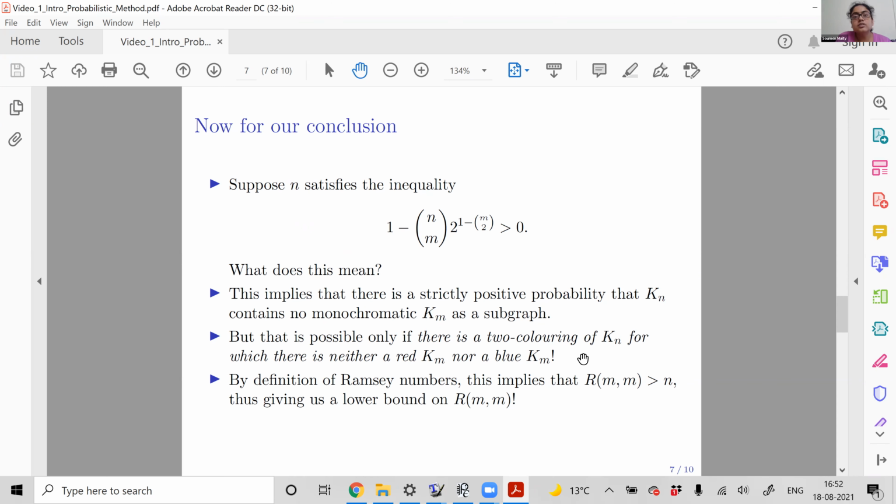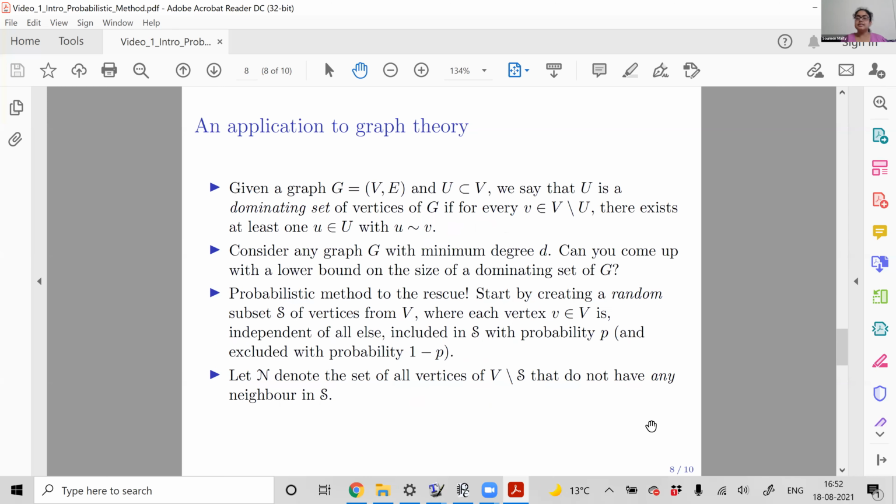Okay, so let's move on to the second example and the last example of this particular lecture. Here I'm going to discuss an application to graph theory. And the idea is the following: given a graph G, again with the vertex set being capital V and the edge set being capital E, and a subset of vertices U of capital V, we say that U is a dominating set of vertices of G if the following is true.